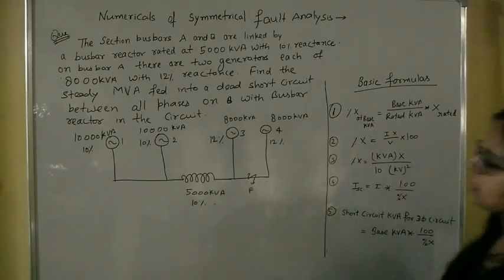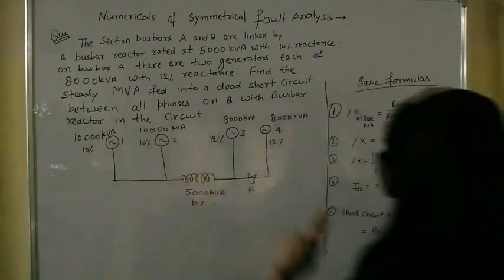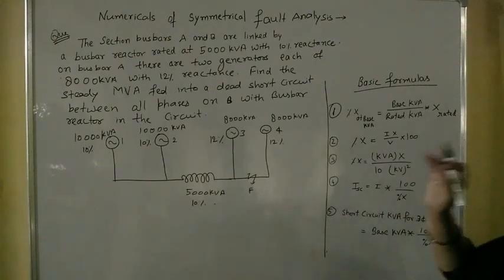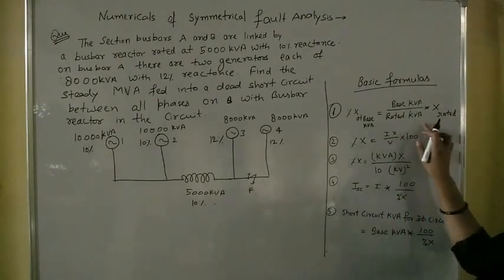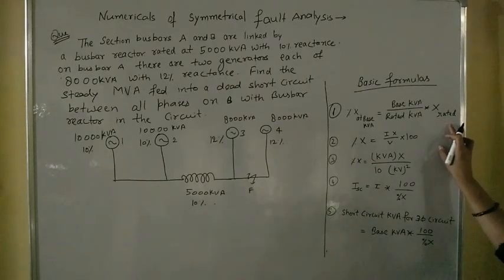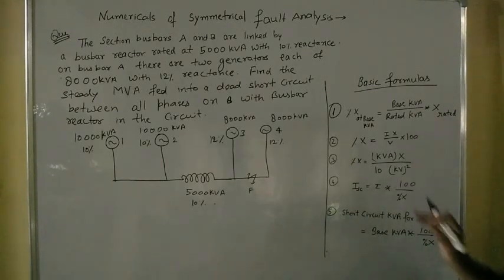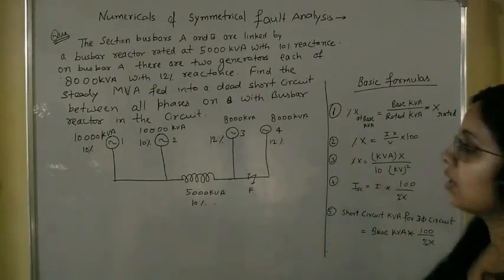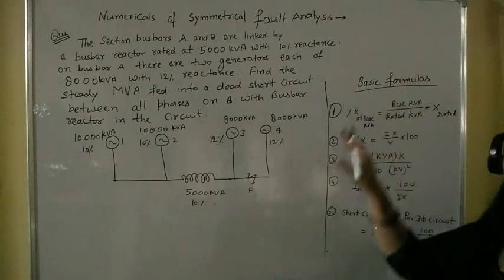Like if generator has the percentage reactance of 10% and that is on the rated kVA, then it will be called the rated percentage reactance. But when we are converting this percentage reactance into another base kVA, we will use this first formula.